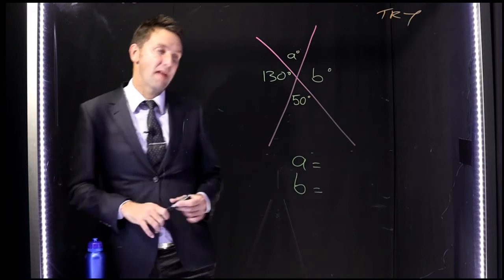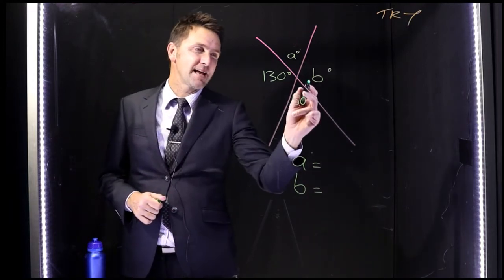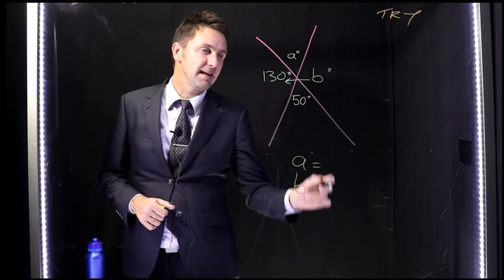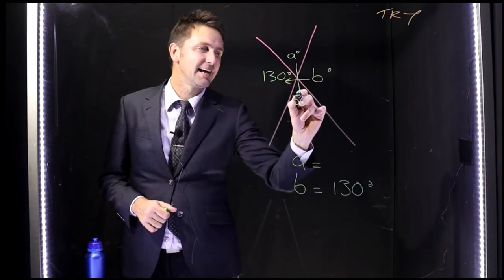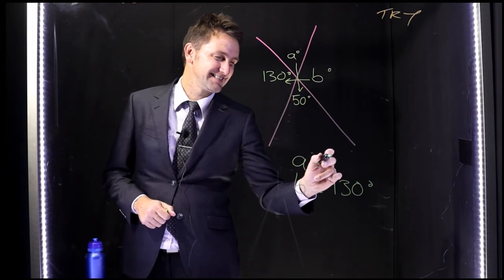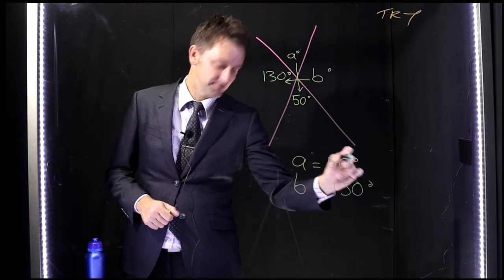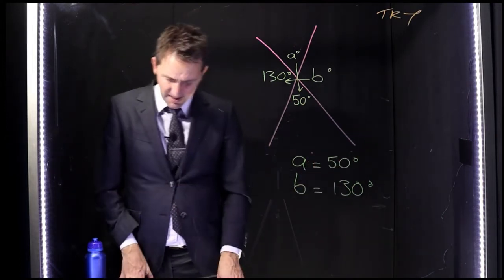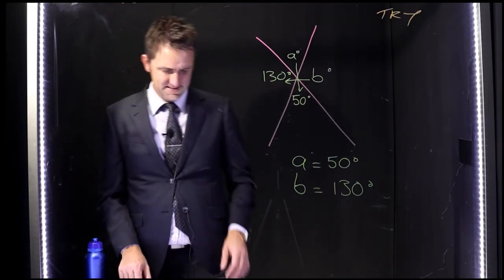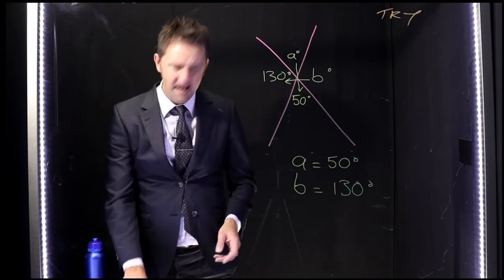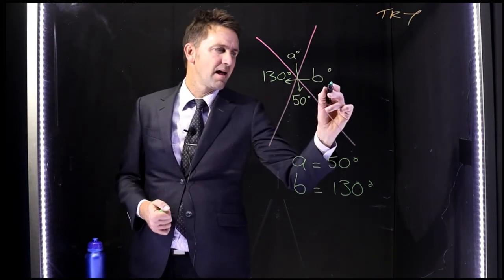Hey, I bet you worked that out. I bet you went that, look, these angles are equal and opposite, so B is 130 degrees and A is 50 degrees. Now, something worth being aware of is that these equal and opposite angles are more than that.